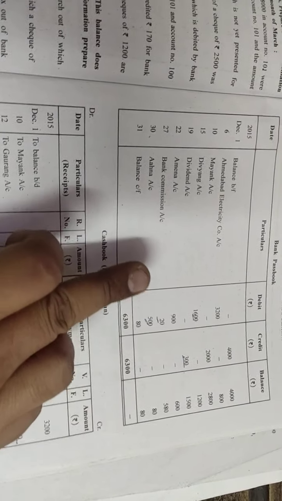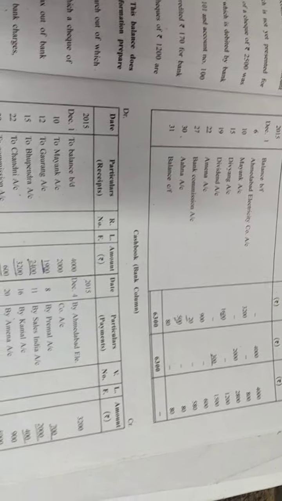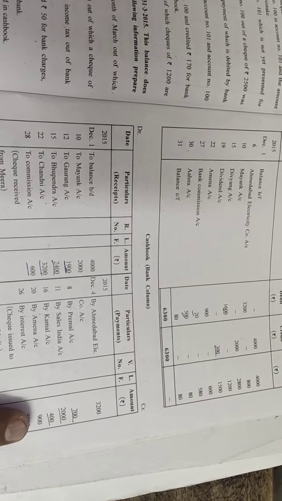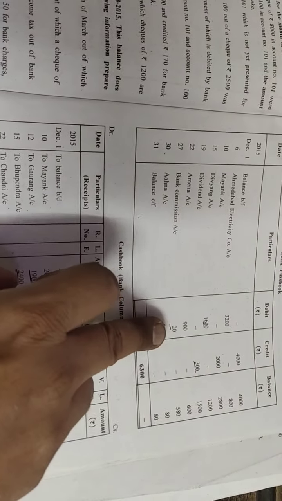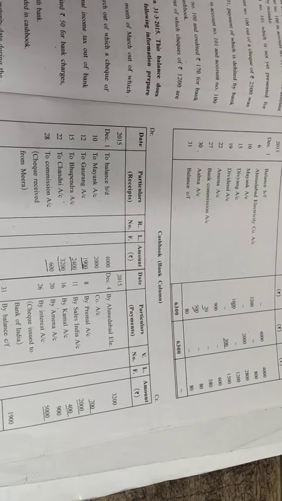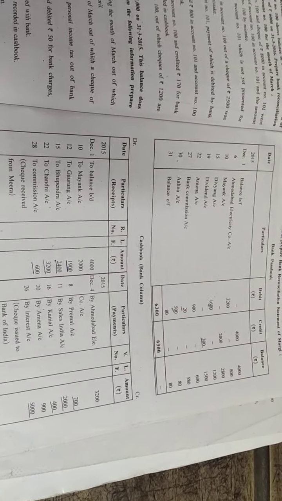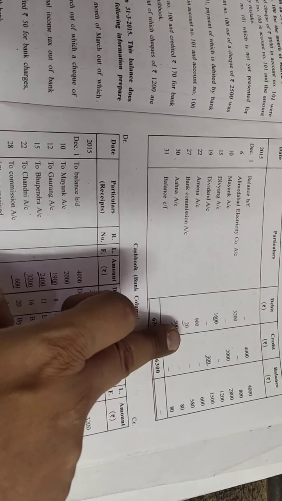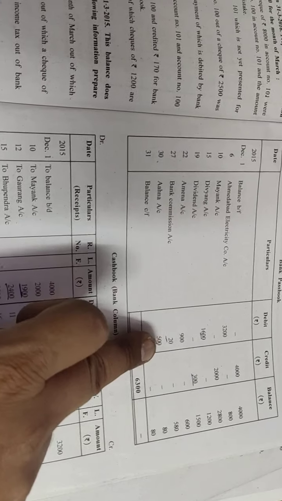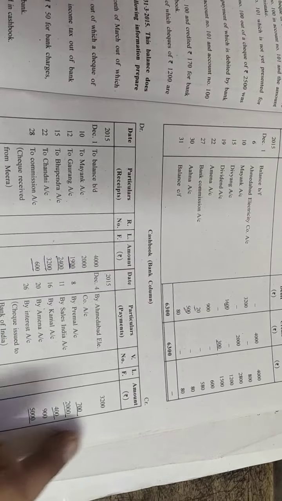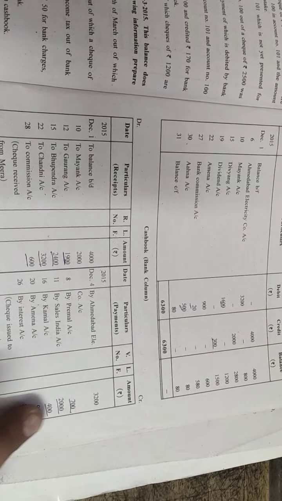And then Amina 900, so Amina is there at the credit side of cash book, so not a reason for difference. And then bank commission rupees 20, so bank commission is not there at the credit side of cash book, so this will be a reason of difference. And then Ahana rupees 500, this amount is also not there at the credit side of cash book.